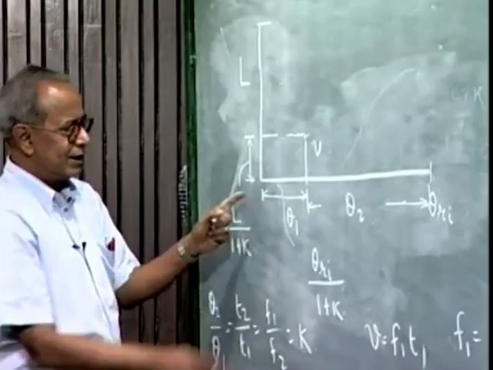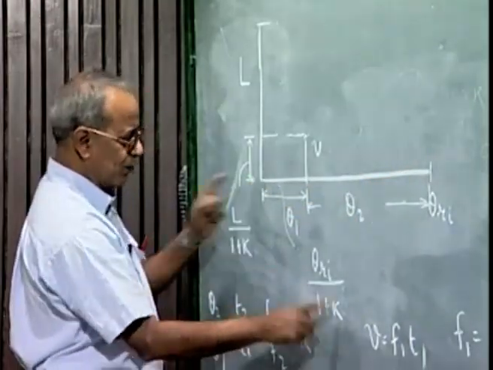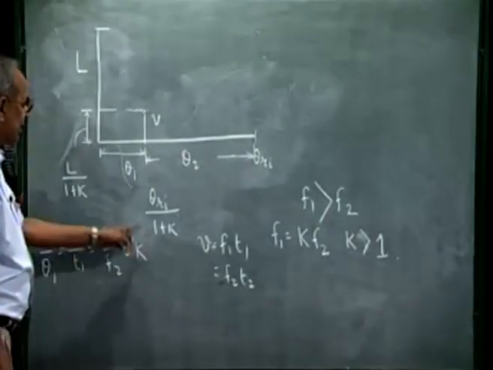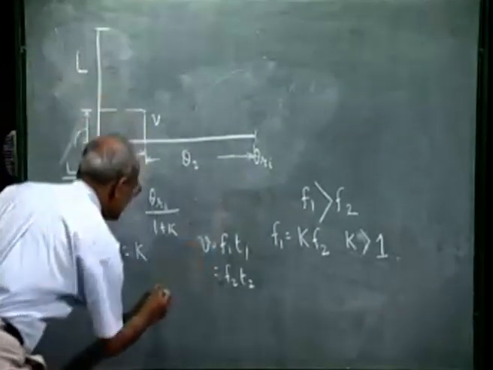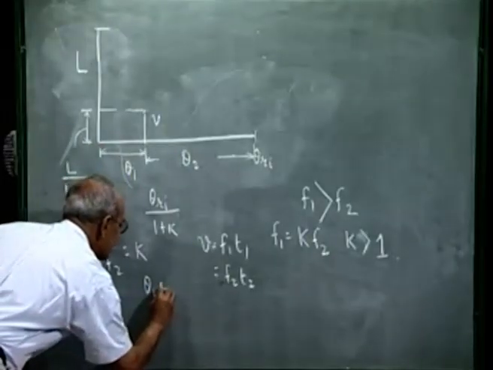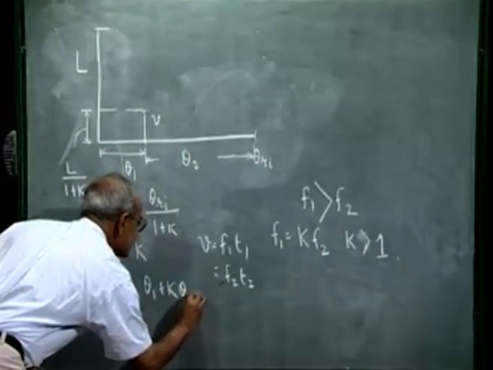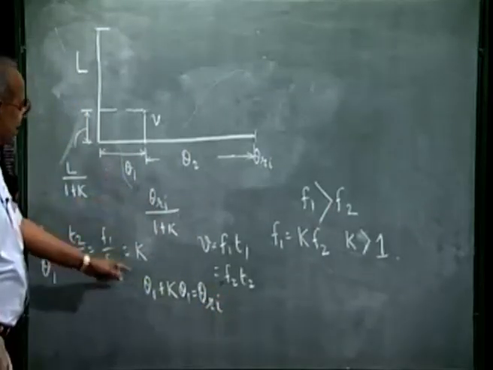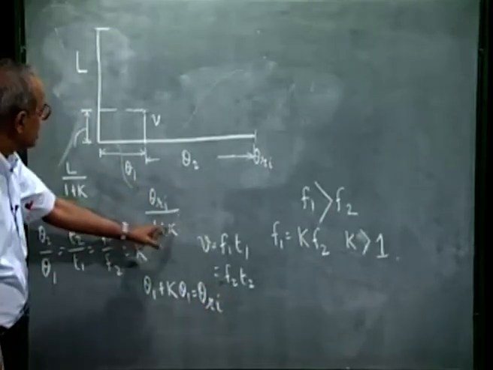So theta 1 is total theta Ri divided by 1 plus k, because theta 2 is k theta 1. So theta 1 plus k theta 1 is theta Ri. Theta 1 plus theta 2, which is k theta 1, is theta Ri. So theta 1 I can easily solve for theta Ri by 1 plus k.